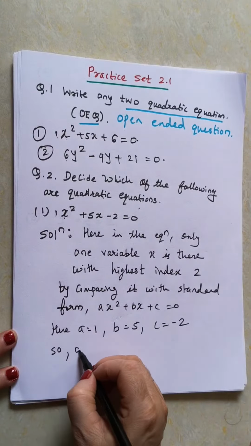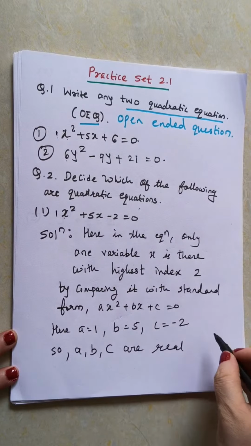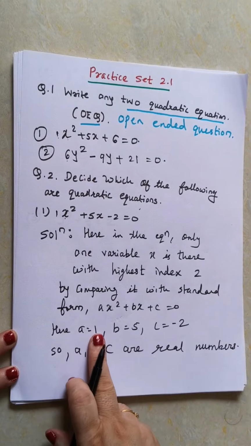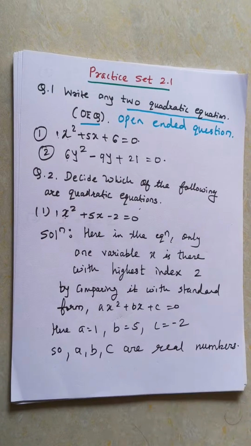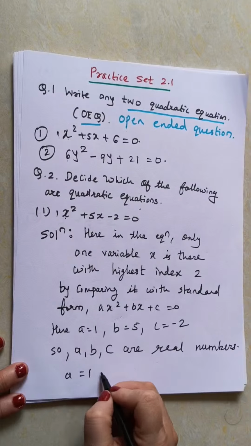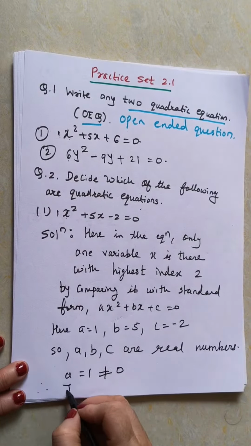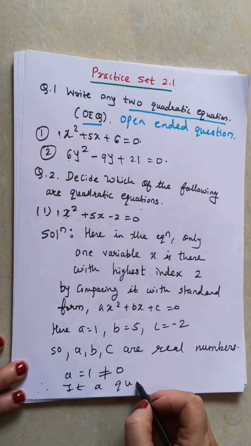So a, b, c are real numbers. You can see a is 1, b is 5 and c is minus 2. All these are real numbers and a is 1, which is not equal to 0. Therefore, it is a quadratic equation.